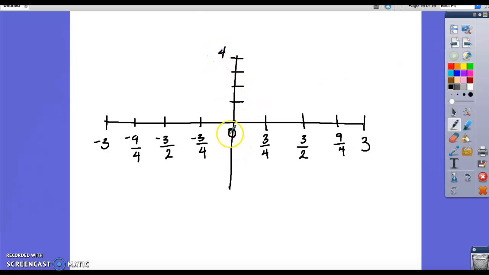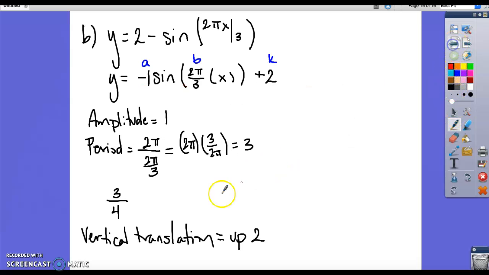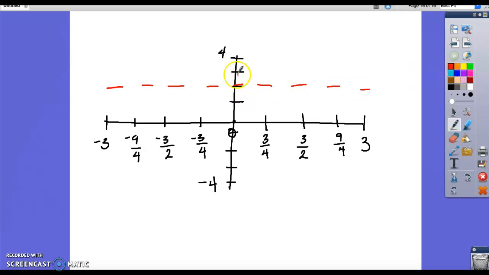I've got this vertical translation up 2, which means my midline, which we've been using as the x-axis, now goes up to y equals 2. So our midline now is at y equals 2. My amplitude is 1. That means my graph goes 1 unit above the midline and 1 unit below the midline when I graph.